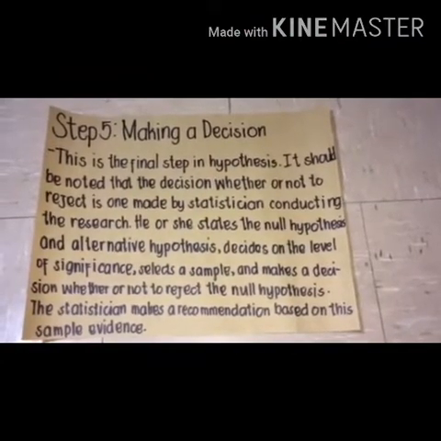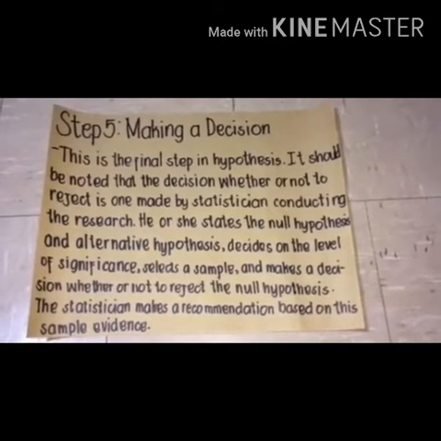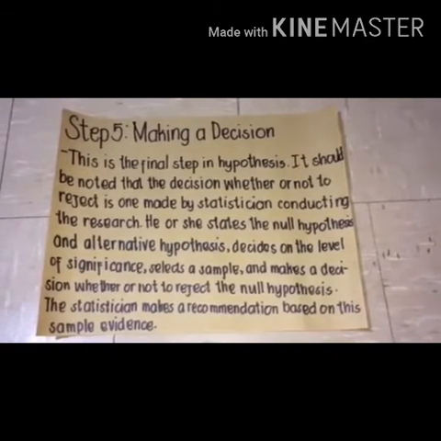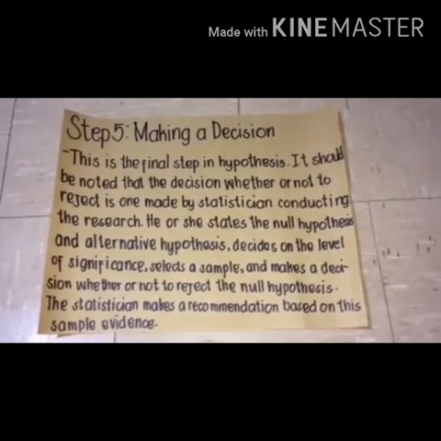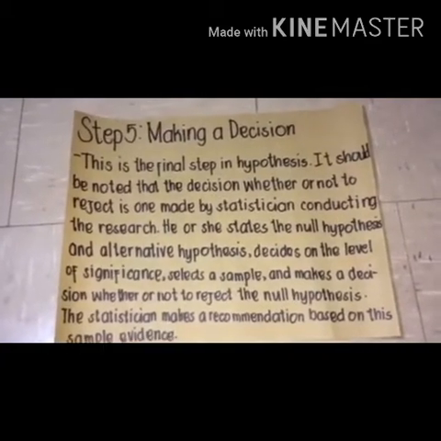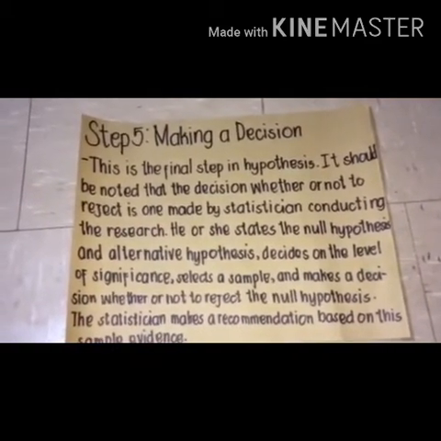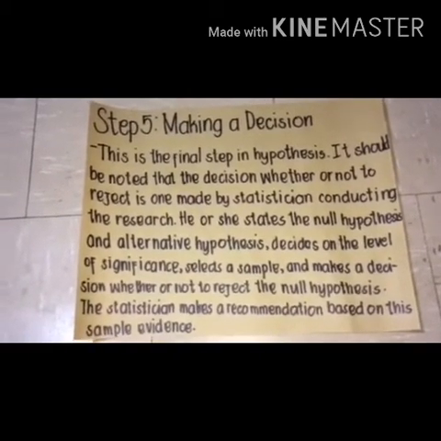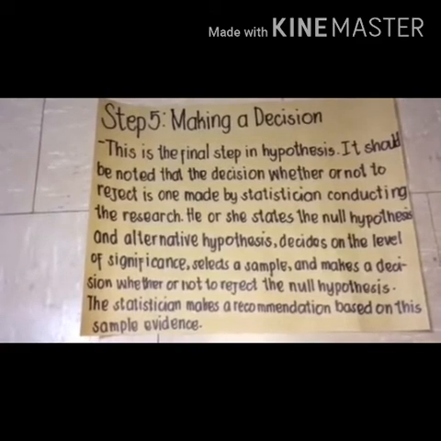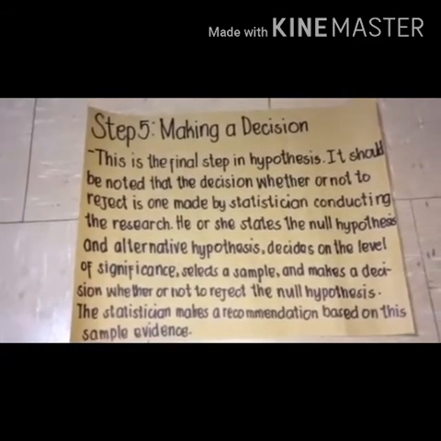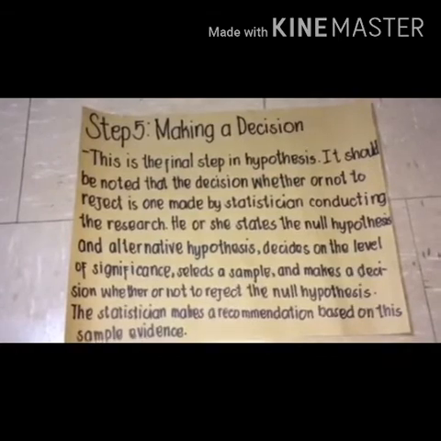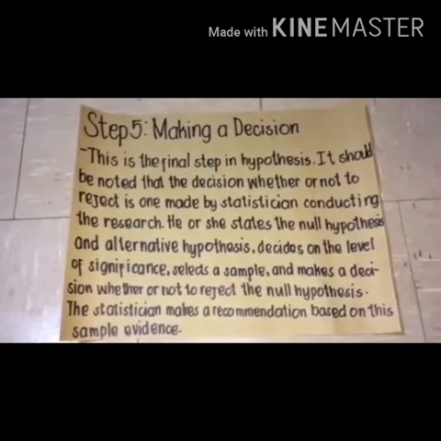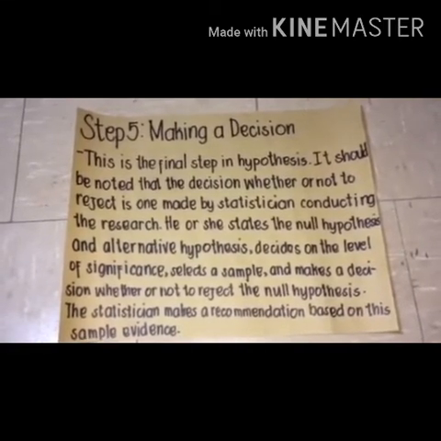Step 5. Making a decision. This is the final step in hypothesis testing. It should be noted that the decision whether or not to reject is one made by the statistician conducting the research. So, dito sa final step ng hypothesis, doon ka na magde-decide kung i-reject mo yung ginawa mong hypothesis. Tapos, he or she states the null hypothesis and alternative hypothesis, decides on the level of significance, selects a sample, and makes a clear decision whether or not to reject the null hypothesis.